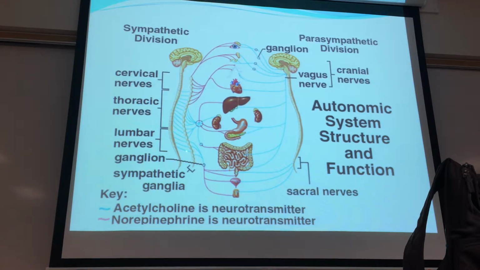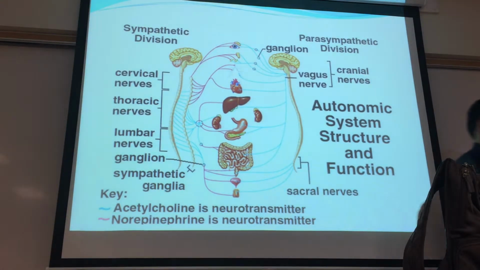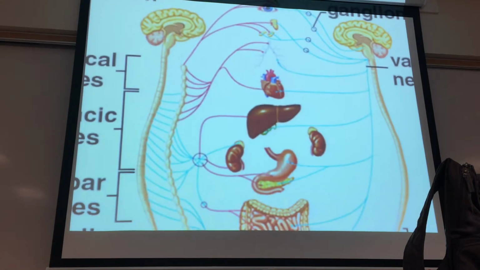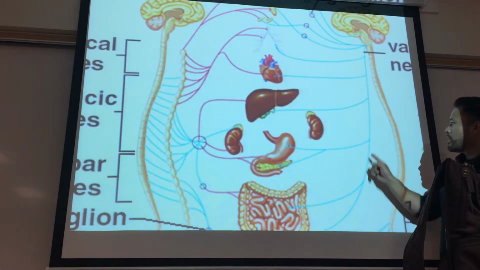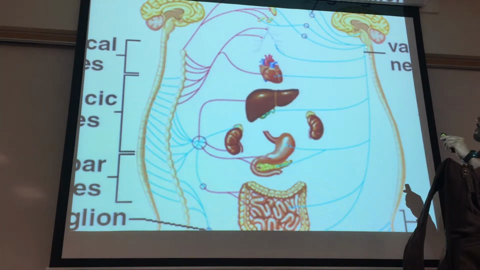Again, sympathetic trunk ganglion. The question is, where are the ganglion for the parasympathetic? And I'll be able to show you that later. But they're located close to the target. You probably won't be able to see it. Let's see if I can actually zoom in. Might not be the best image. There, maybe if you can see the stomach. Here's the location of our preganglion neuron.